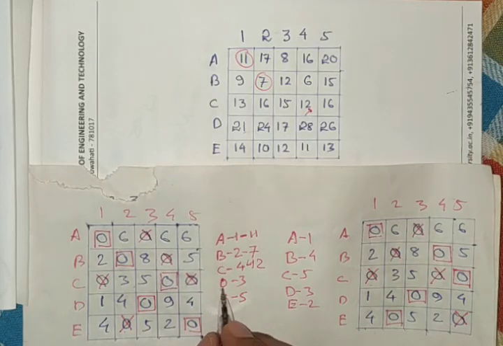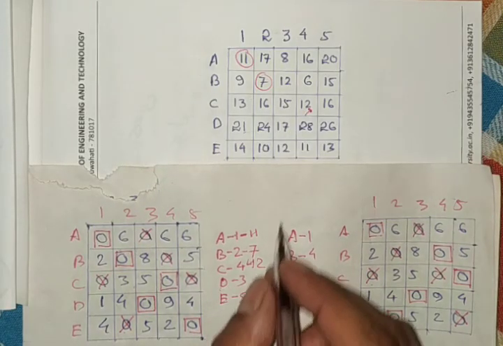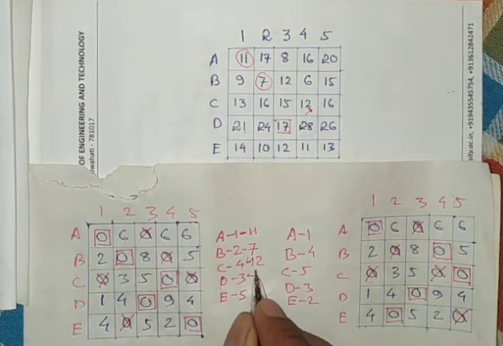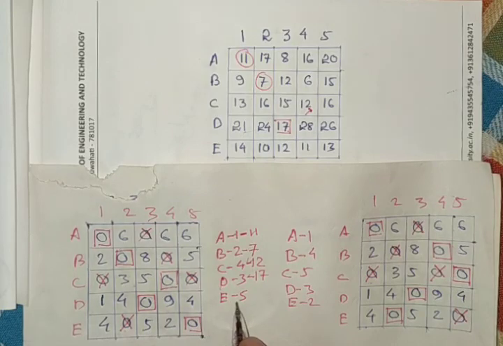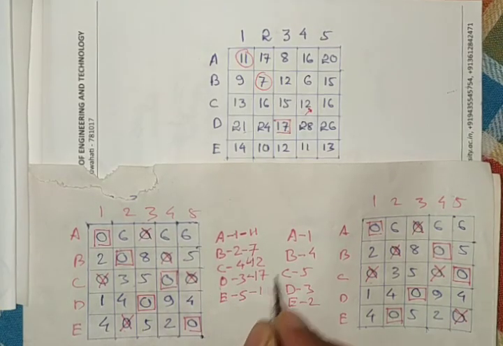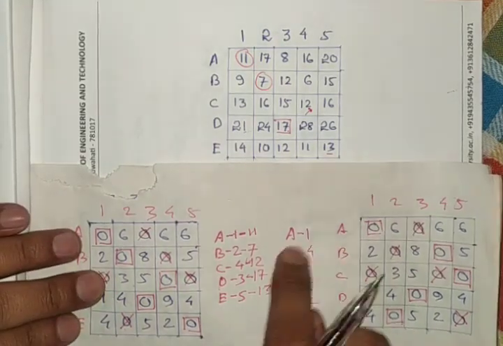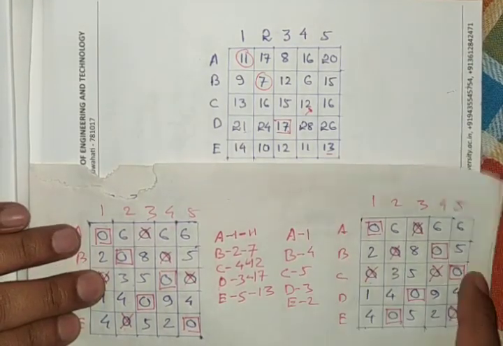For D3, this one is 17, and E5 is 13. Similarly, I put the values here also for this table.